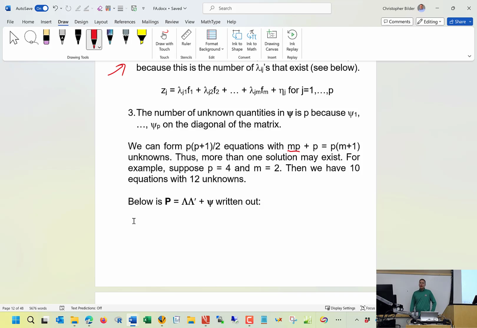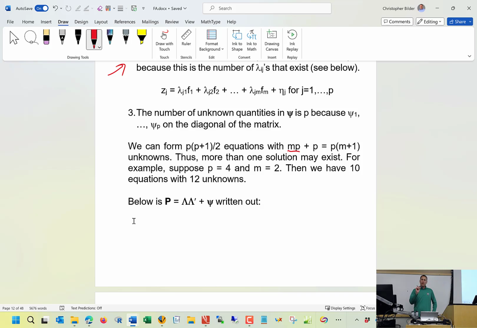So, think back to your algebra days, where you had a system of equations. Maybe you're trying to solve for two unknown quantities, you needed to have two separate equations. Three unknown quantities, you needed to have three separate equations.